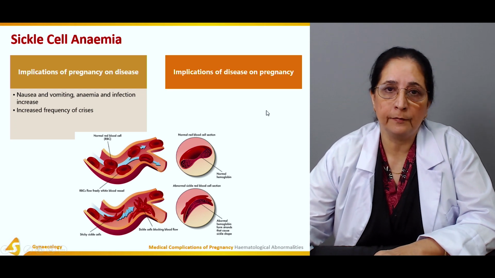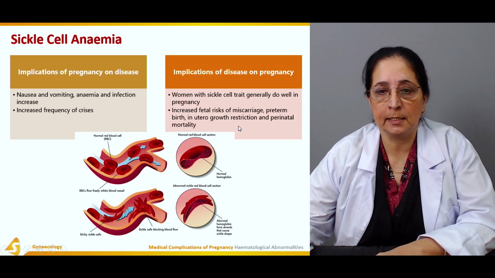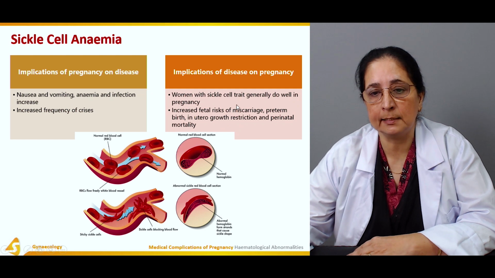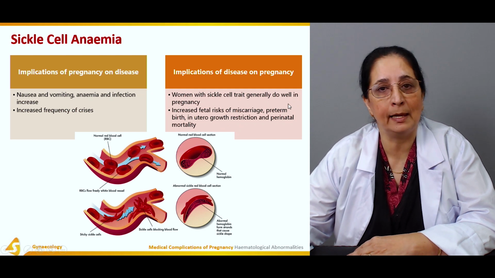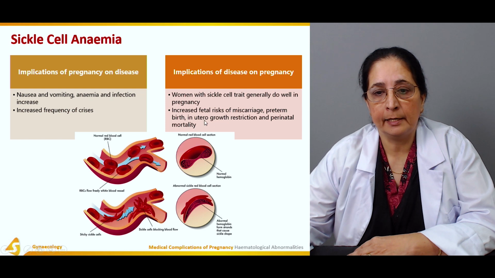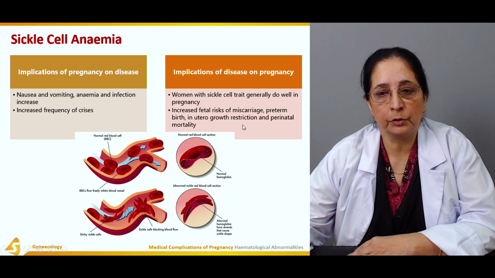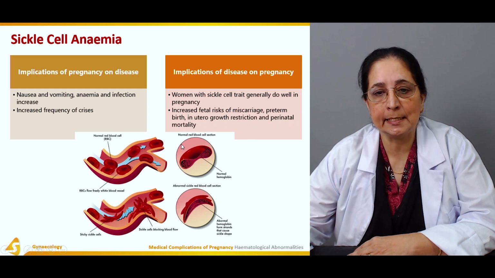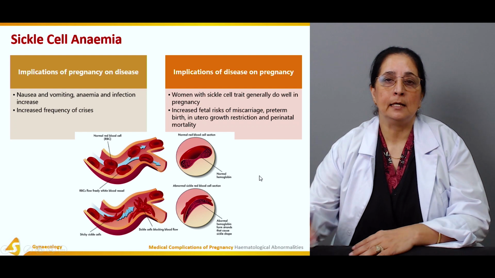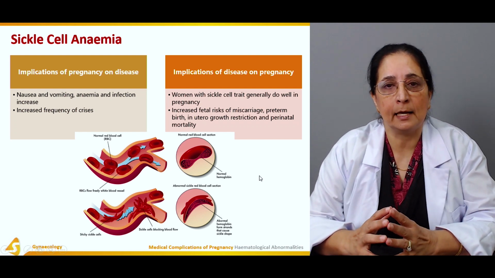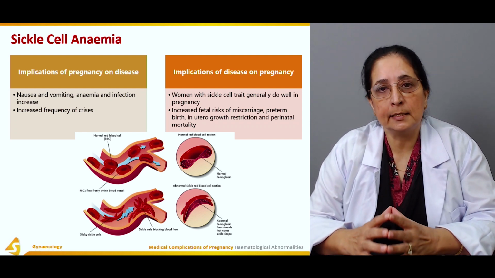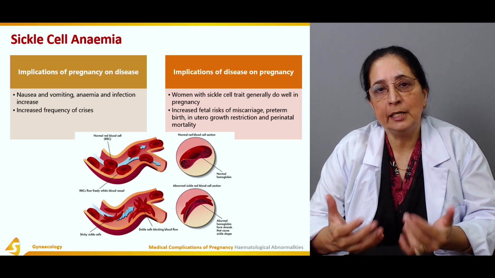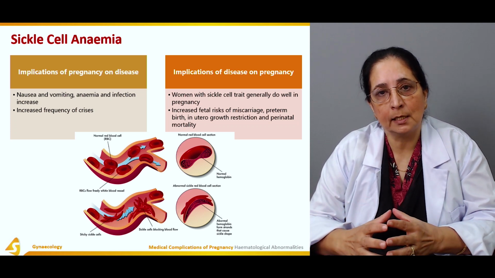The effects of sickle cell on pregnancy: women with sickle cell trait generally do well in pregnancy. There is increased fetal risk of miscarriage, preterm birth, intrauterine growth restriction, and perinatal mortality. These are the complications that can occur in sickle cell anemia, but usually it's well tolerated with sickle cell trait.